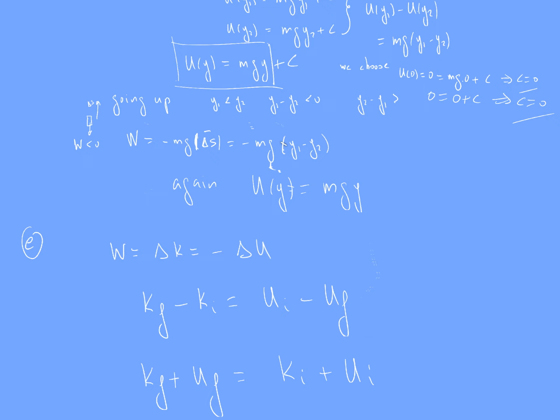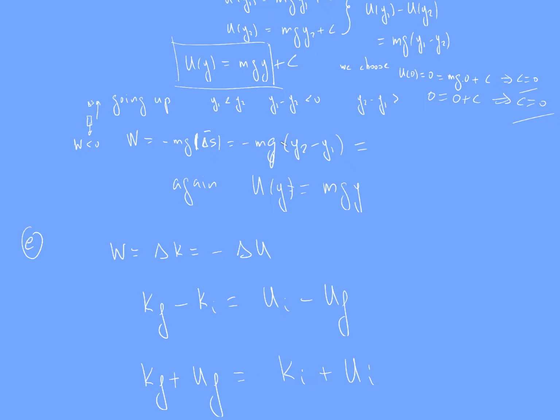So if I write the magnitude of the displacement, I should write here a positive quantity. I cannot write y1 minus y2. I have to write the positive quantity, which will be y2 minus y1.